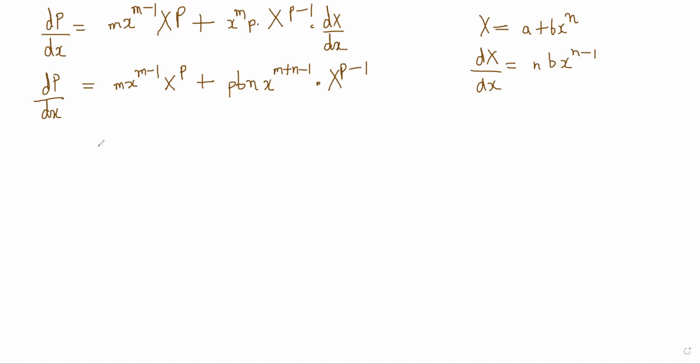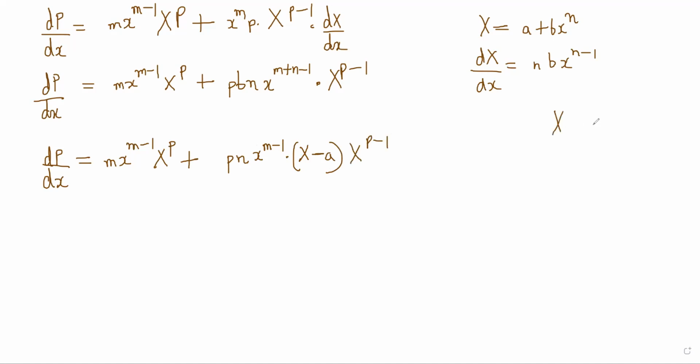Great. Now, what we will do here is write this dP by dx as m into x power m minus 1 capital X power p, as it is, plus we will write this expression as p n x power m minus 1 multiplied by (capital X minus a), and capital X power p minus 1.